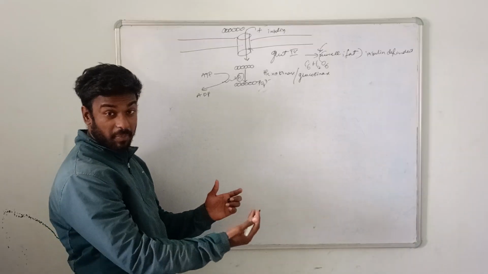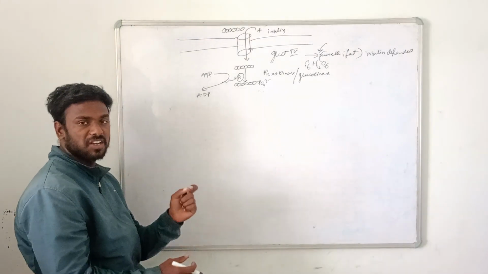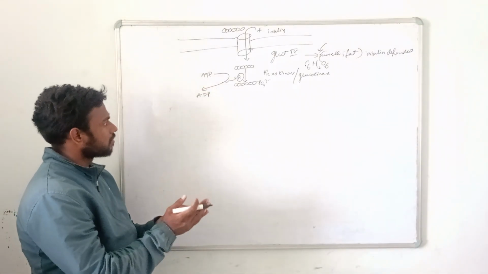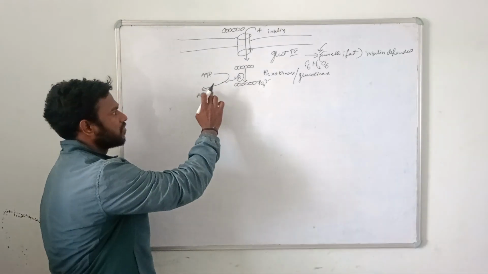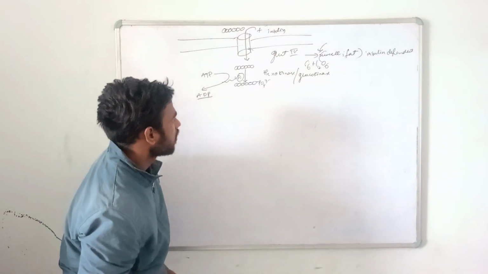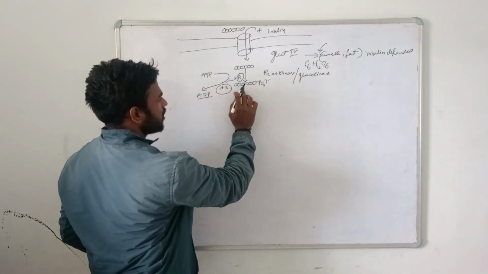Now, what is ATP? ATP is adenosine triphosphate. With the adenosine base, it contains 3 phosphates. Now, one phosphate bond will be broken, so that phosphate will be taken out and added here. And because it has lost one phosphate, it becomes adenosine diphosphate. It also produces some energy. That energy will be utilized to add this phosphate onto glucose.